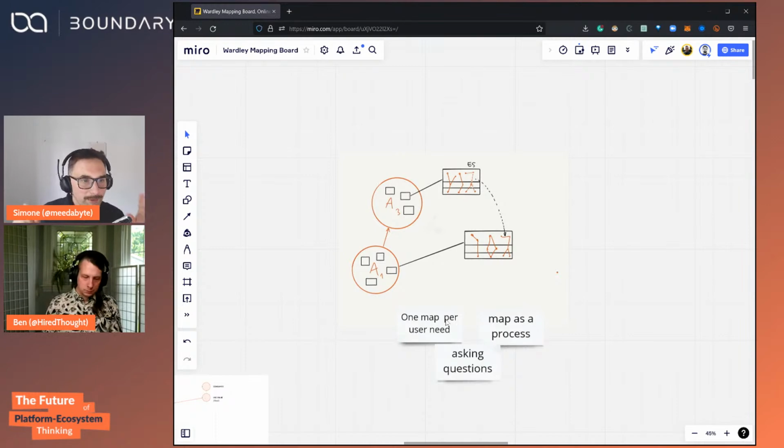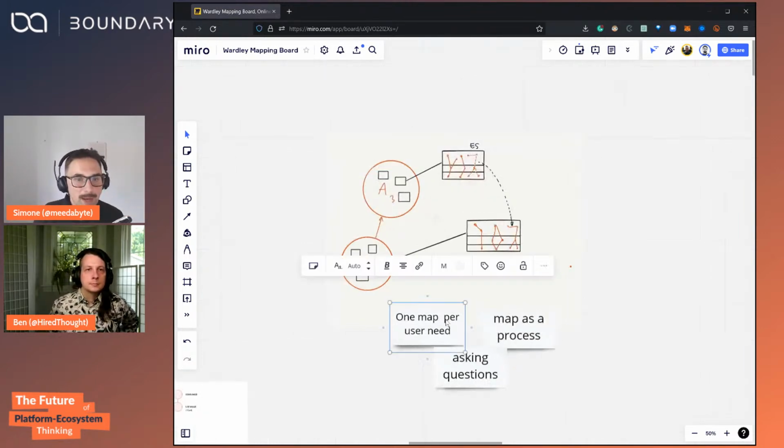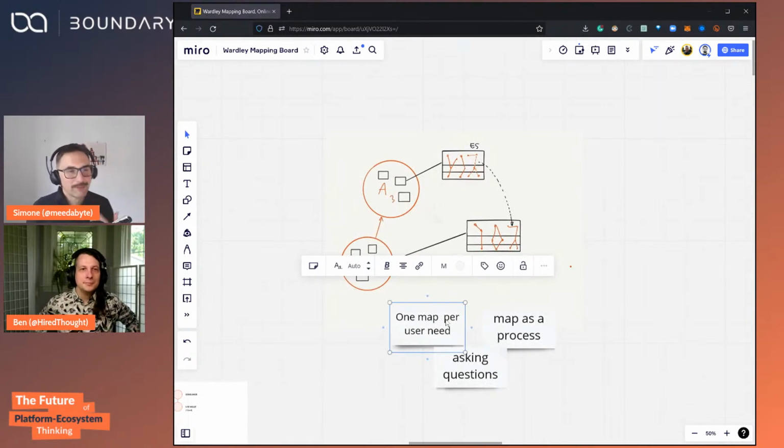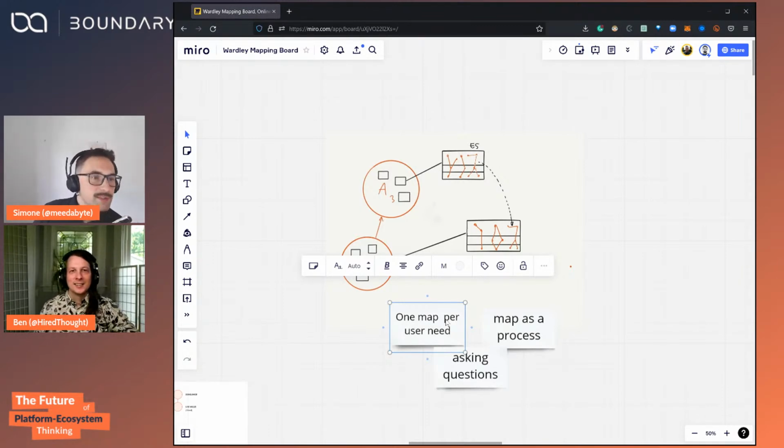That's why we call them arenas, basically leveraging Rita McGrath's definition, but more generally the idea of a systemic outcome, a systemic job to be done. So when you say one map per user need, I feel we should be doing one map per arena, more like one map for each system or subsystem that we identify.